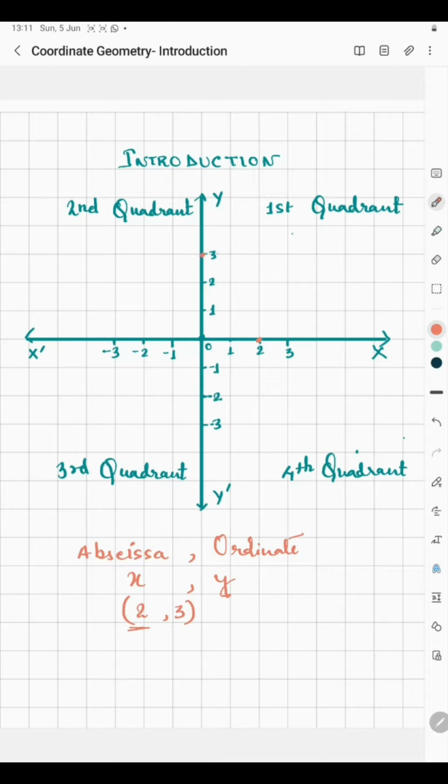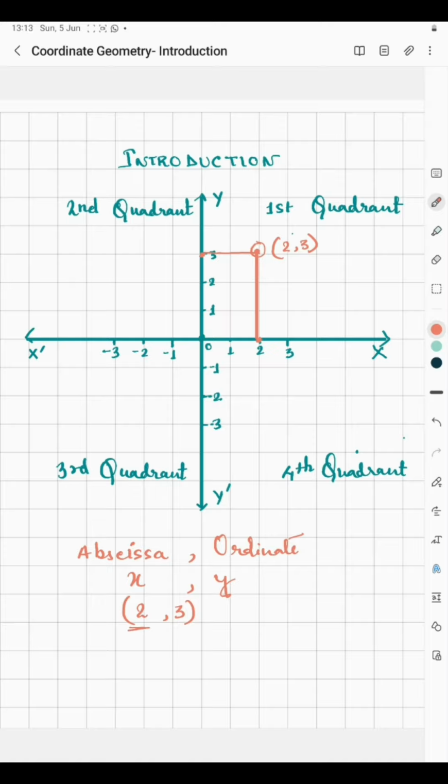Now from 3 we will draw a perpendicular line, and from 2 we'll draw a perpendicular line, and the two perpendicular lines meet over here. So this is the coordinate 2, 3. This way we can locate any coordinate on the graph sheet.